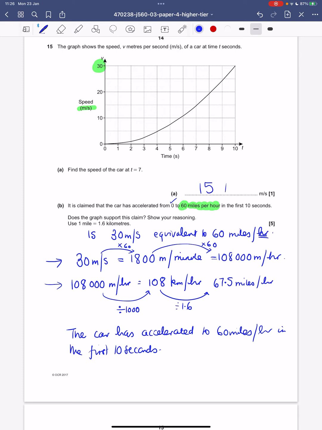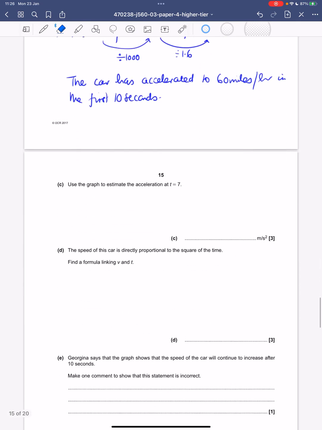So if we divide by 3,600, I've just worked out there, it's not part of the question, but it's 26 2/3. So it's around about there. So it actually got to 60 miles per hour after about 9 seconds. But anyway, it has done it there.